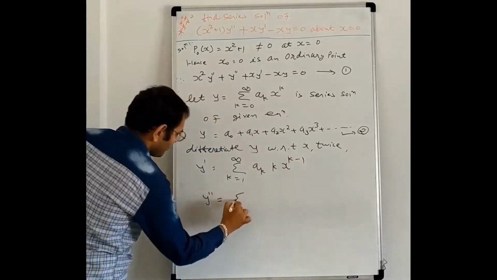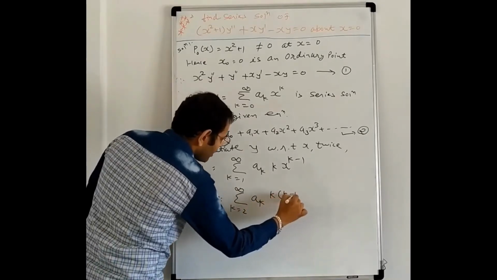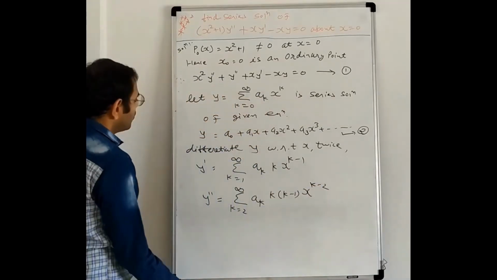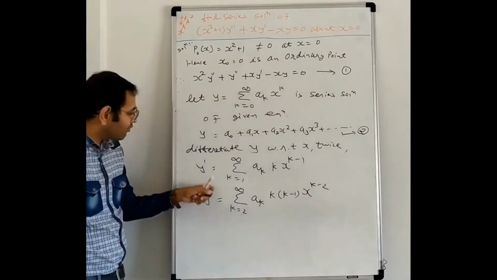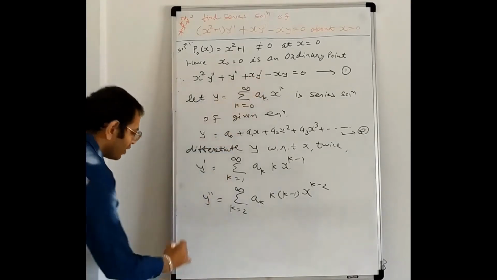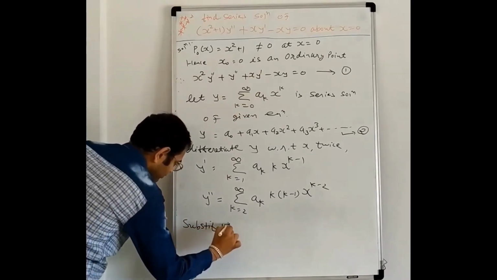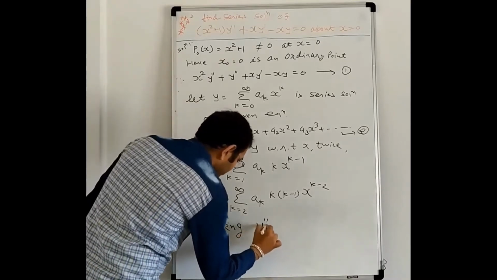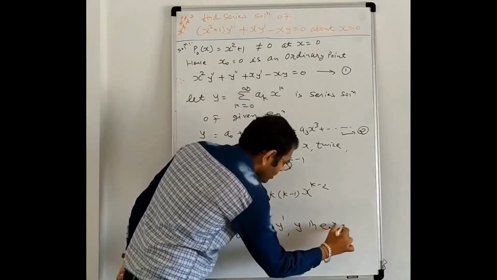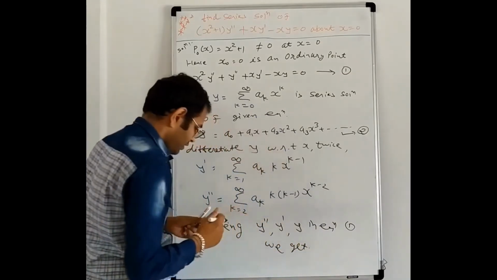Again differentiate, y double dash equal to summation k equal to 2 to infinite ak k into k minus 1 x raised to k minus 2. Now substitute y double dash, y dash, y in equation number 1.